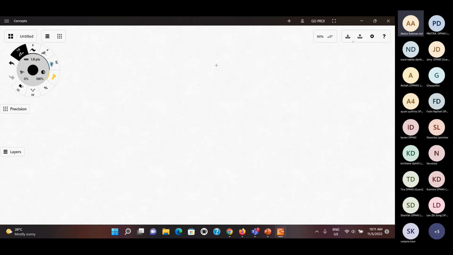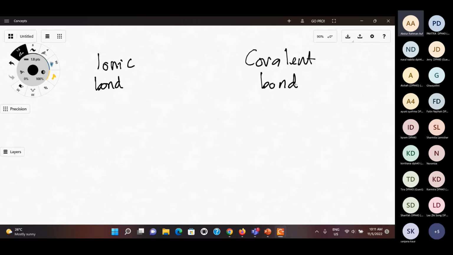Saya tak nak kamu fikir panjang-panjang, fikir dalam-dalam because ada banyak benda baru. So at the end of this lecture, saya nak kamu boleh bezakan antara ionic bond dan juga covalent bond.